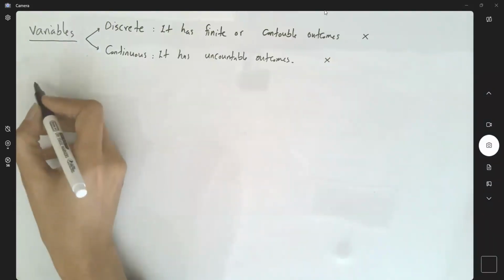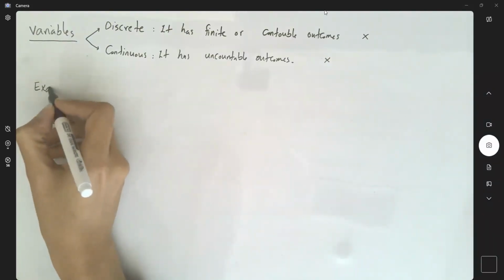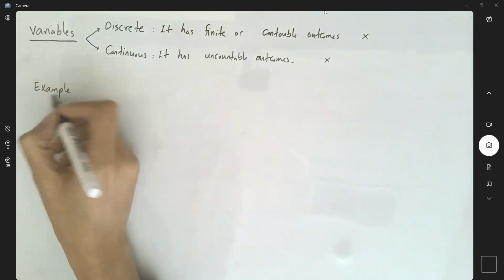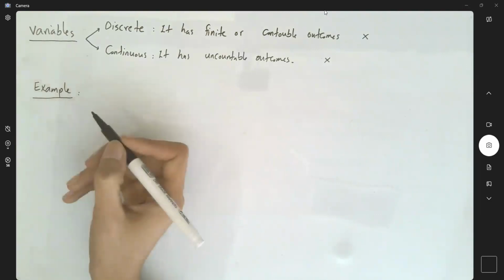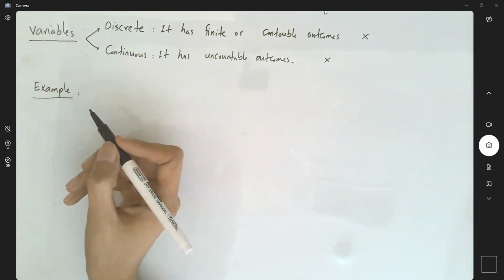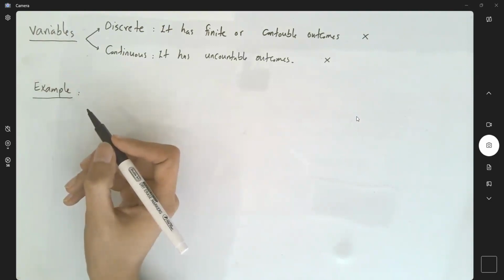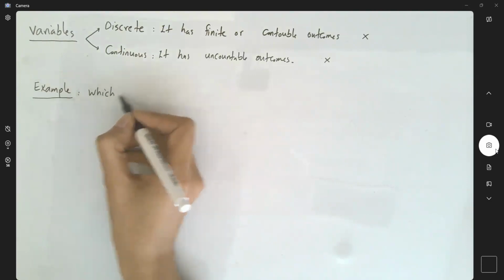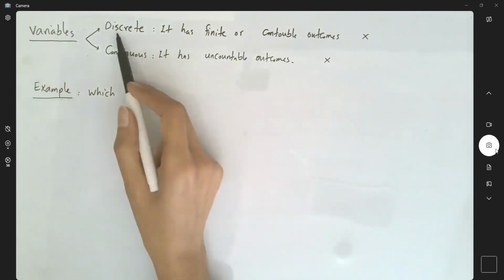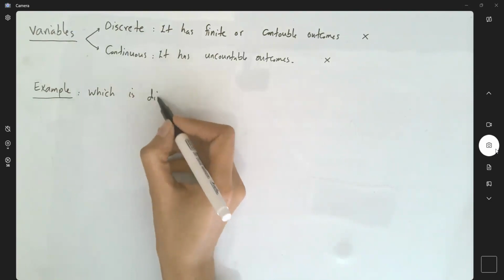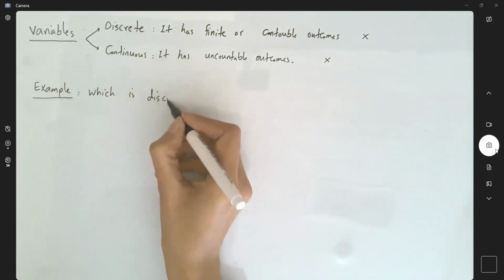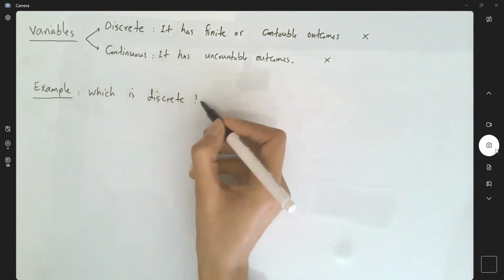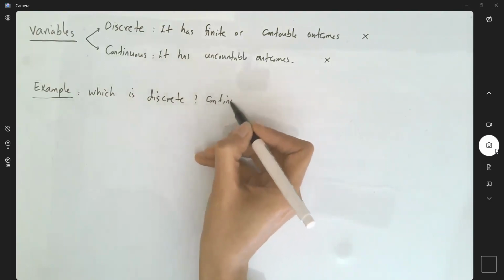Let's go over a couple of examples here for you. In doing the example, we have the following options. Which one is countable, or which one is discrete? Which one is continuous variable?